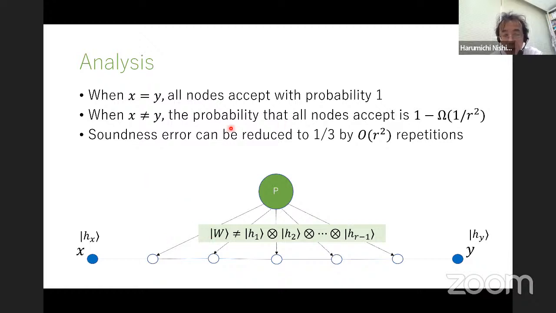The important point is that if the two data are different, the probability that all nodes accept is at most 1 minus 1/R squared. To show this is the technical part.